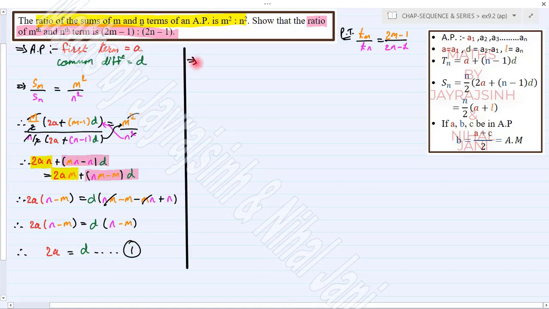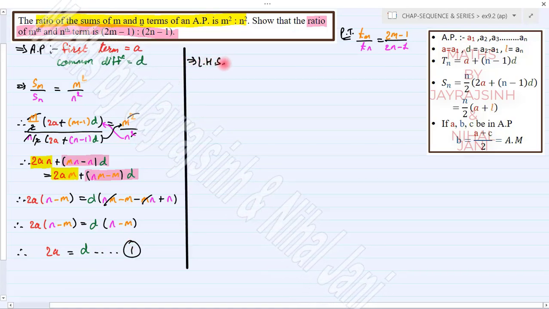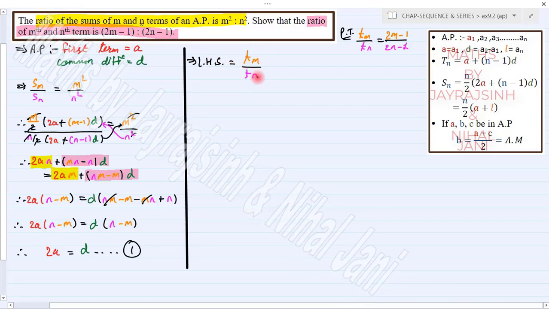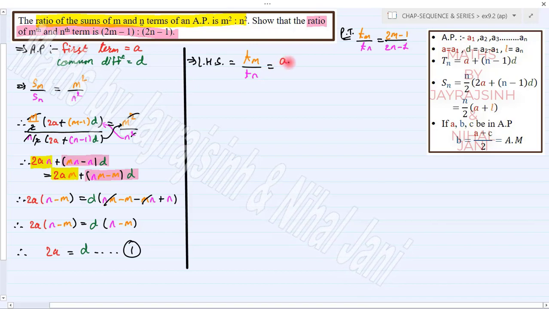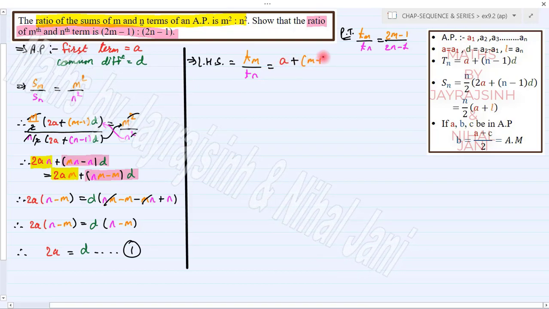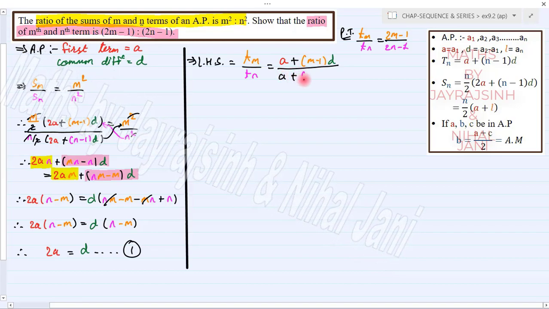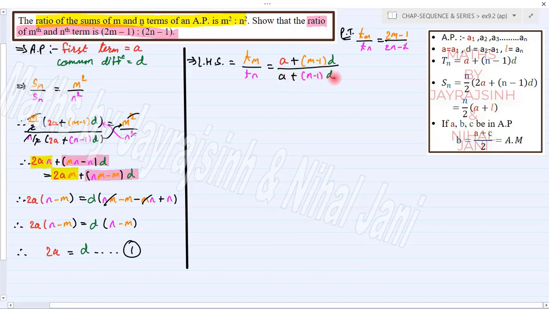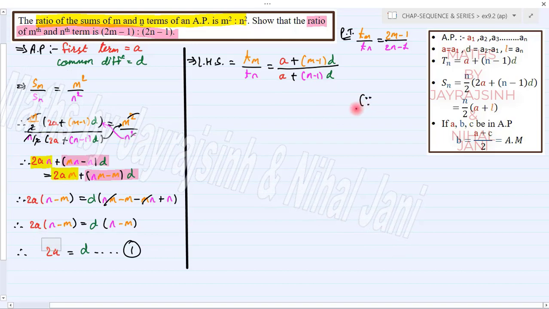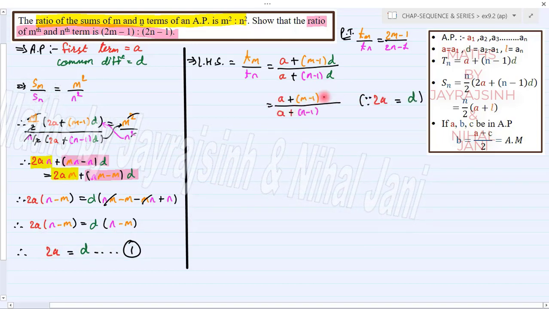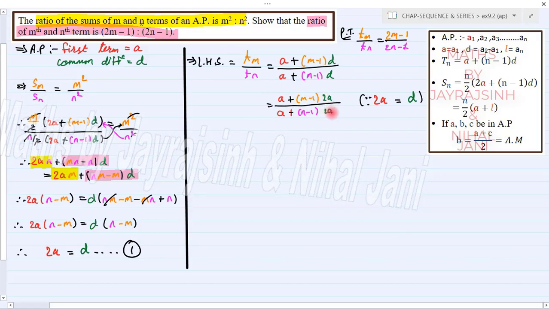Now let's begin from the left hand side, which is the ratio of mth term upon nth term, equal to (a plus (m minus 1) into d) upon (a plus (n minus 1) into d). But according to equation number 1, we can substitute 2a instead of d.